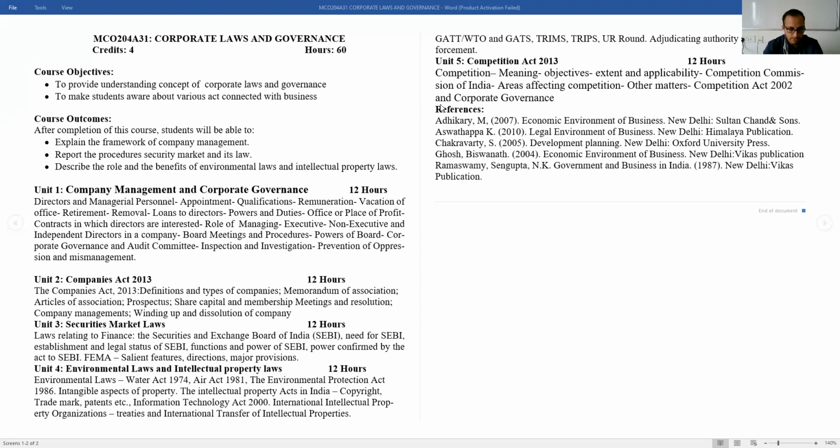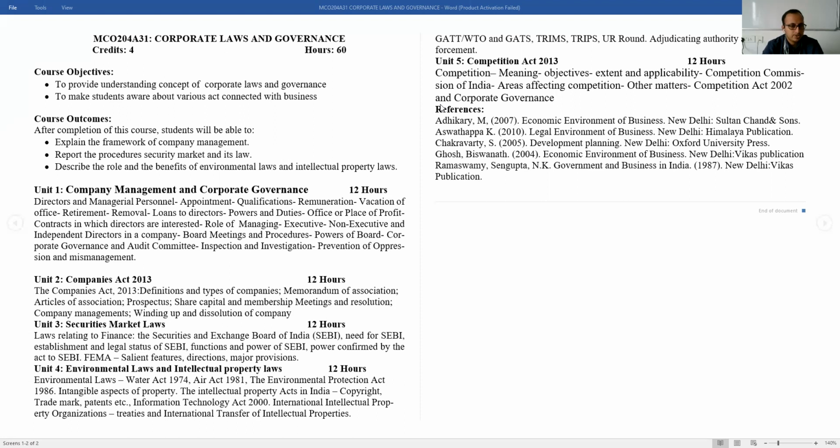We'll try to discuss some case studies about the Companies Act, then various environmental acts, and the Competition Act. We should be going in a more interactive way, and we'll be trying to discuss how these acts are going to affect the working of an organization or a company in India.